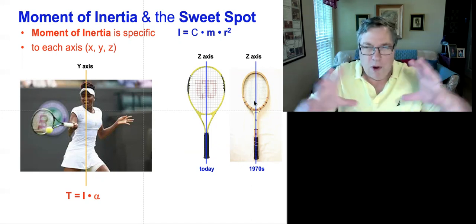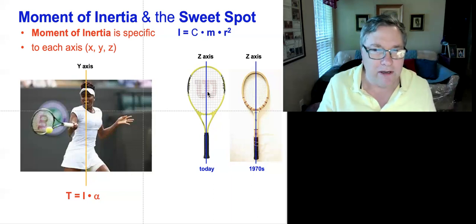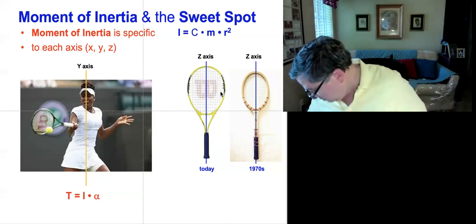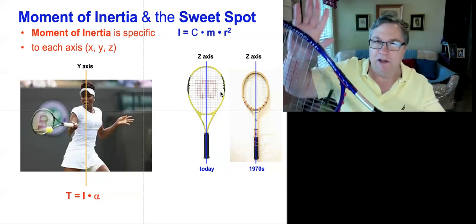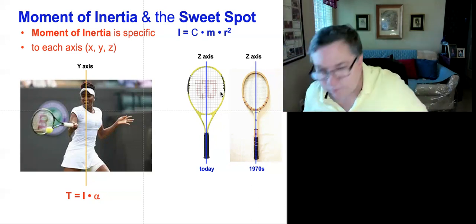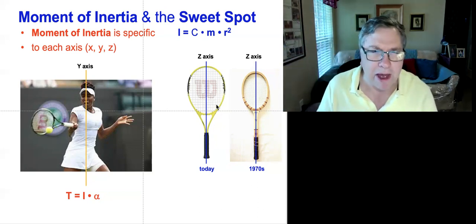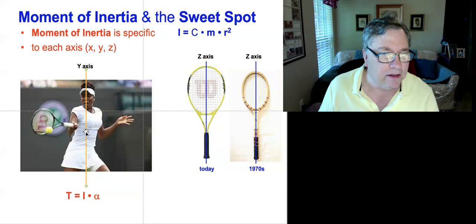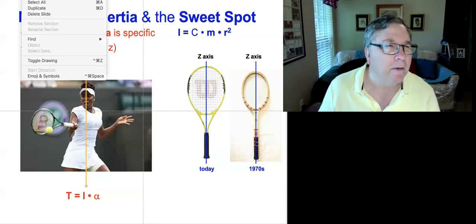So the width of the head spreads the mass, because the strings really don't have much mass. It's basically the frame. So as we spread the frame out, that increases the radius of gyration. So the distance, let's see if I can do something here.